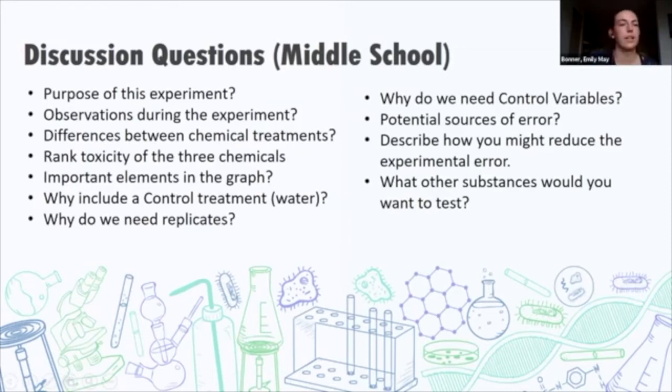For middle school, the discussion questions on the worksheet are pretty simple. Again, we were really focusing on experimental design. And so in addition to asking about the purpose of the experiment and why we need control variables, we're asking them to interpret their data, think about what they might do in a future experiment, and how they might reduce error in their experiment in the future.